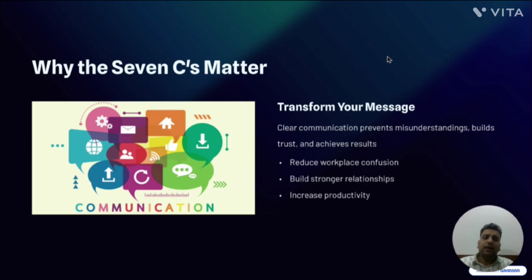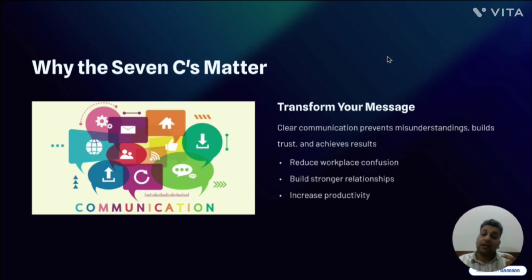The simple answer is that in order to avoid a situation of misunderstanding, or in order to build a connection, a trust, or in order to get a desired result, we need to follow the 7 C's of communication. Because many times our language, body language, choice of words, wrong intonation, they create lot of confusion.